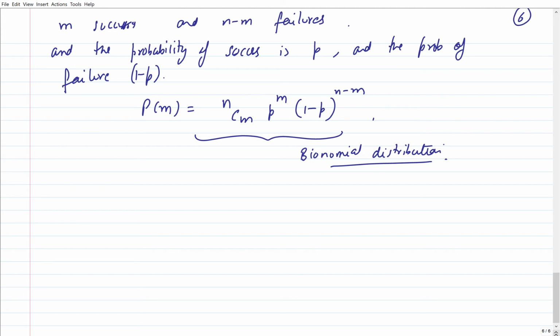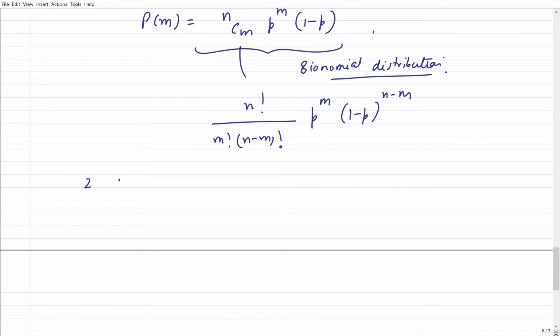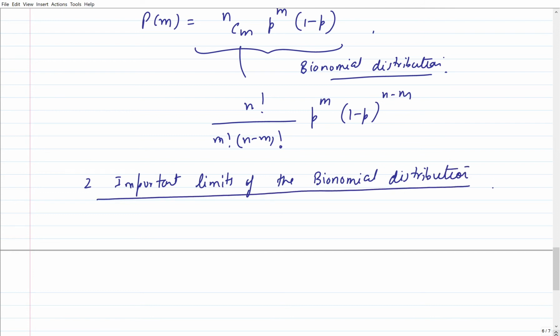So there are two important limits of this binomial distribution, and both these limits are for large n, a very large number of trials.